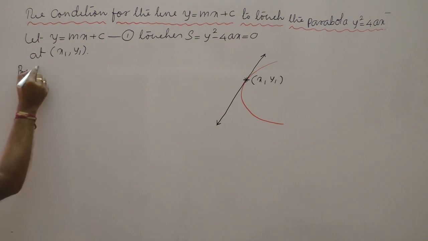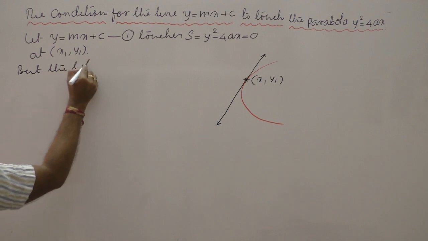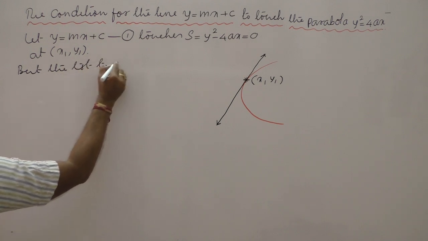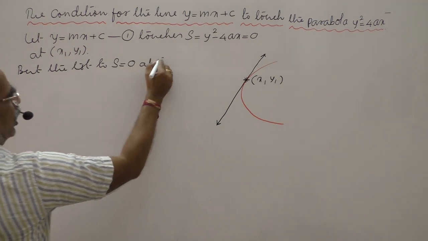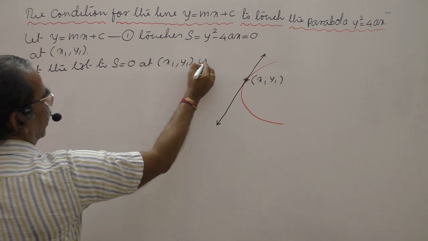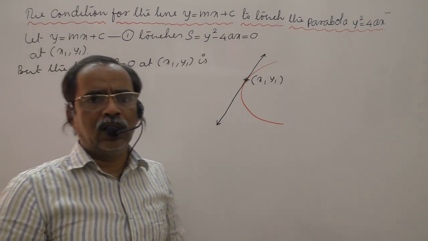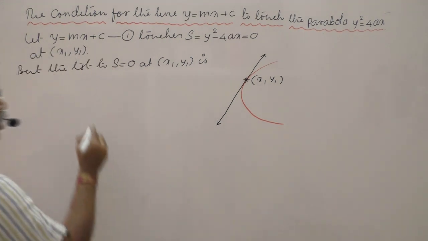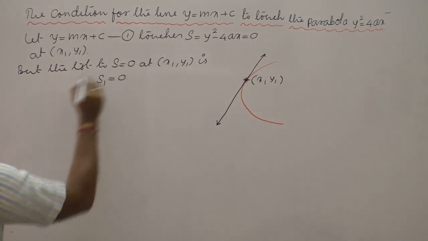But the equation of the tangent to the curve s equal to 0 at the point x1, y1, just now we have seen for the parabola, is s1 equal to 0.